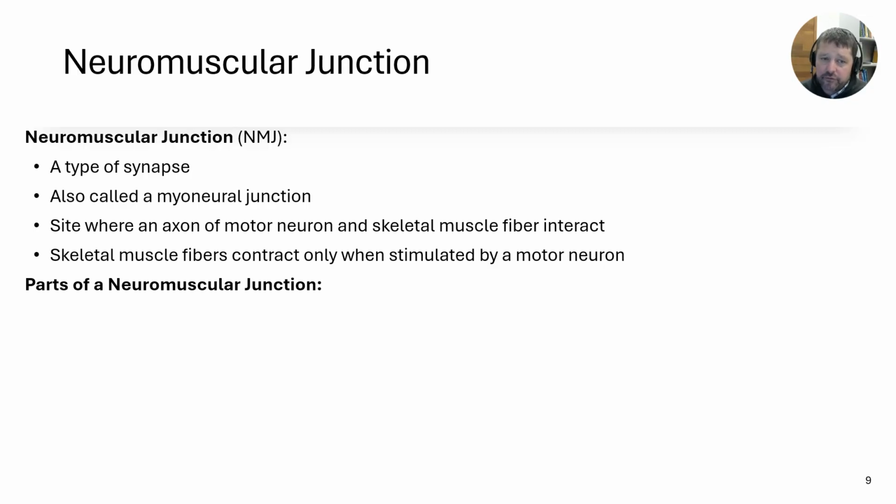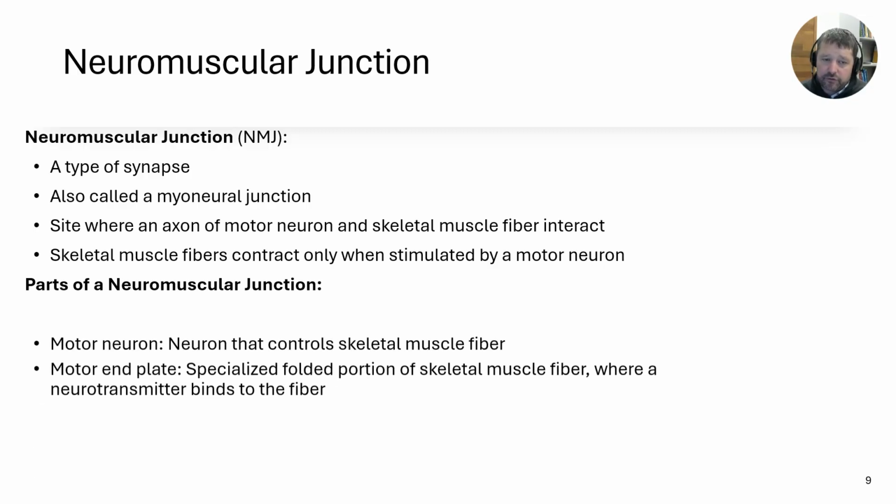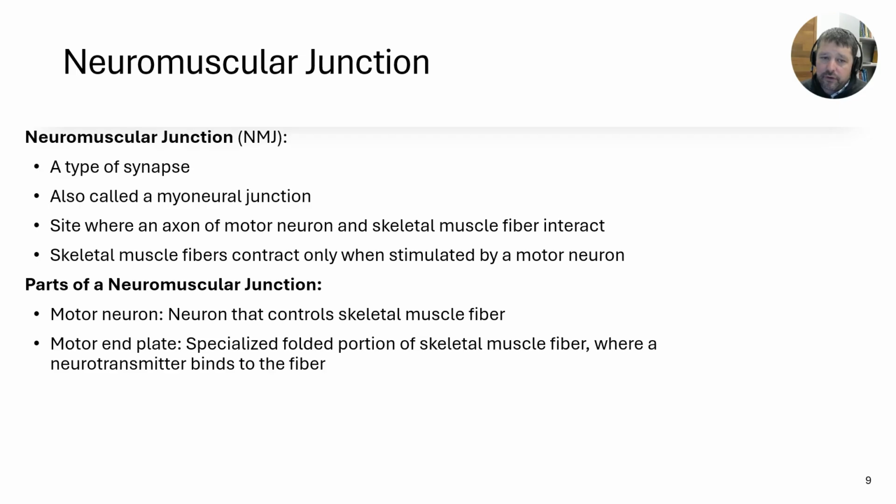Okay, so let's look at the parts of that neuromuscular junction. First, you have a motor neuron. Okay, that's the neuron that's going to control the muscle fiber. That's what we call them, motor neurons. Okay, they have a motor end plate, and this is the portion of the skeletal muscle that is going to have the receptors for the neurotransmitter.